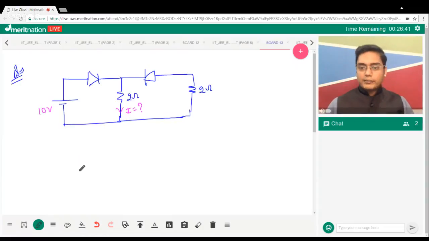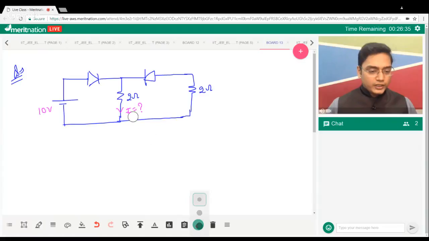Value of I. I'm giving you 2 minutes time, guys. Quickly obtain the answer, because once you are able to solve this question, you can solve any question based on diode and resistor combination circuits. Obtain the value of I. Quickly.